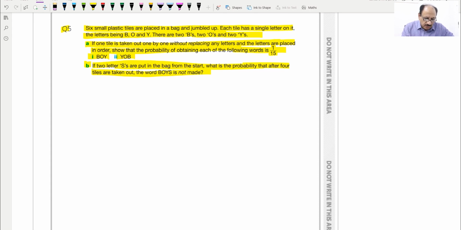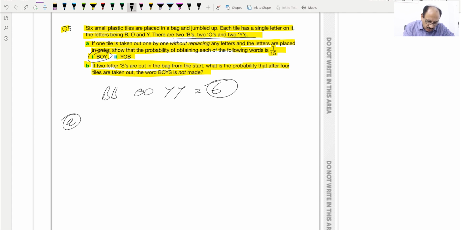As mentioned in the question, there are 2 B's, 2 O's, and 2 Y's. So it means total there are 6 options available. For A part, we need the letters BOY, so we require B, O, and Y. We will check the probabilities for this.